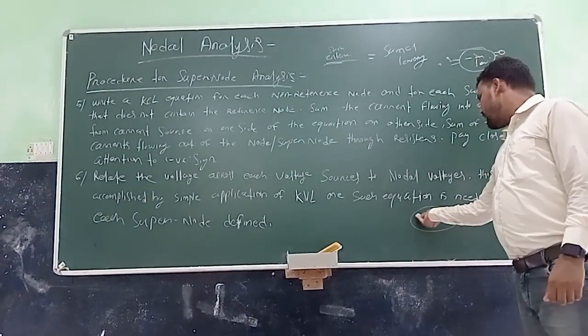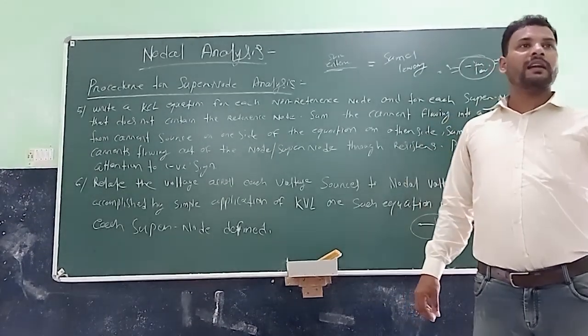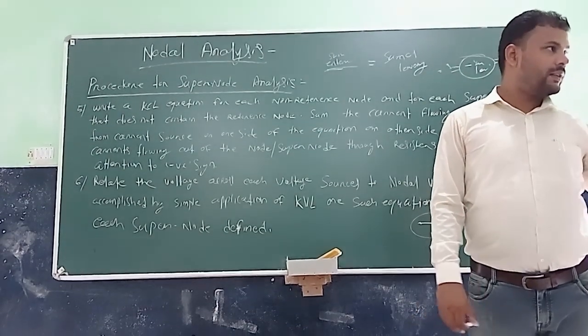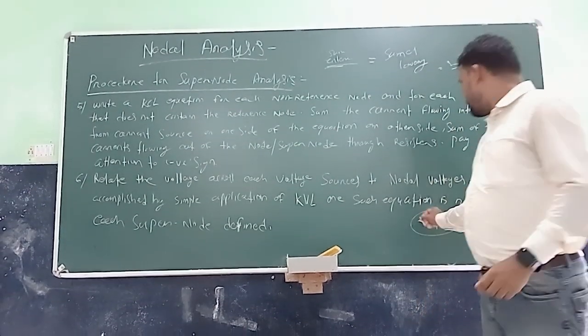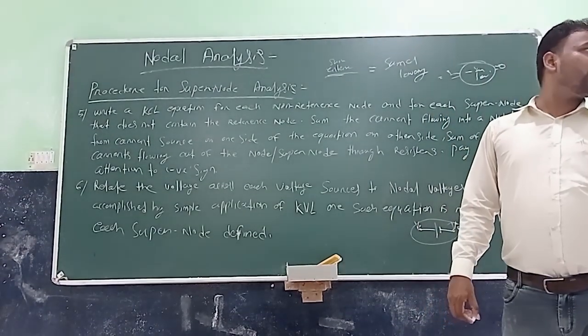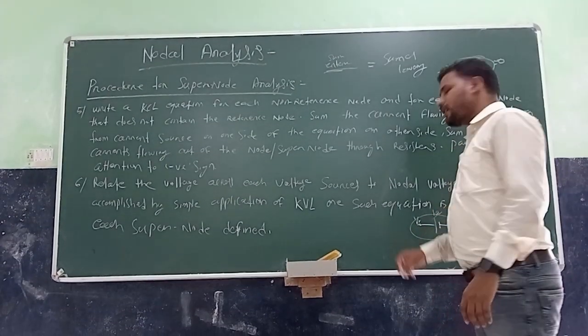If we take this as a supernode, by applying supernode analysis we get one equation. We need another equation to find the nodal voltages V1 and V2. Here there are some voltages, 10, 15, whatever they may be.